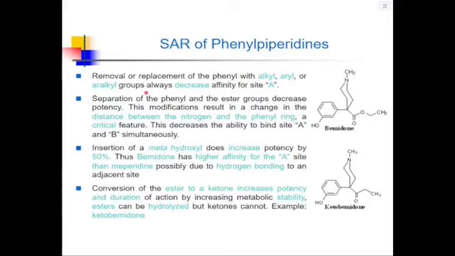Next, removal or replacement of the phenyl. Again, we did mention the phenyl ring is necessary. If you remove it or replace it with alkyl, aryl, or R-alkyl groups, it always will decrease the affinity for the receptor. So the phenyl group is needed for optimal activity.